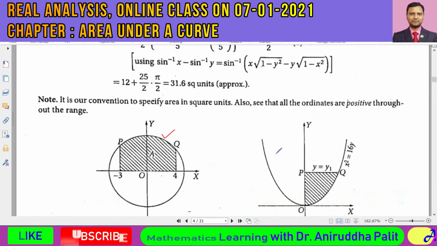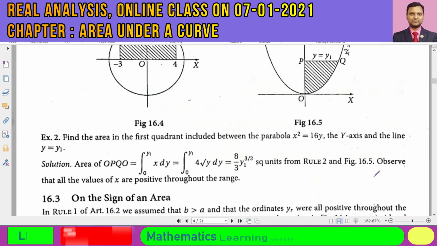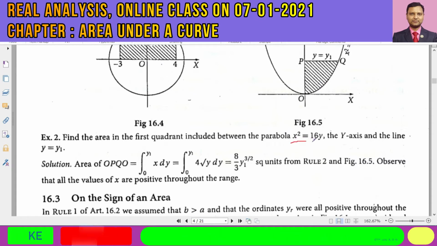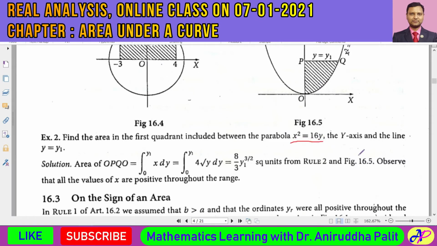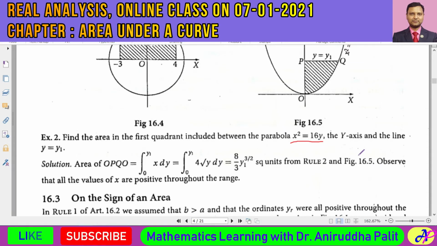And you see over here, we can have one more example. And this says about a different kind of area, that the curve is given in this way: x square is equal to 16y. That is actually a parabola. What does it say?